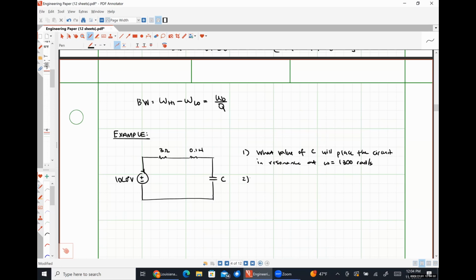We want to know what is the Q factor for the circuit. And then number 3 here is we want to determine the magnitude of the capacitor voltage and the magnitude of the inductor voltage at resonance.